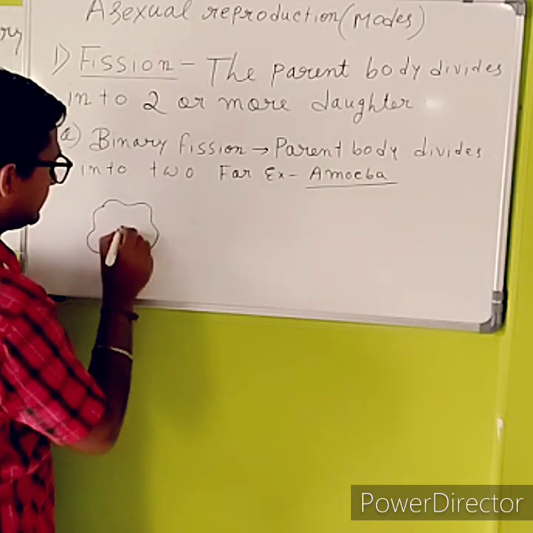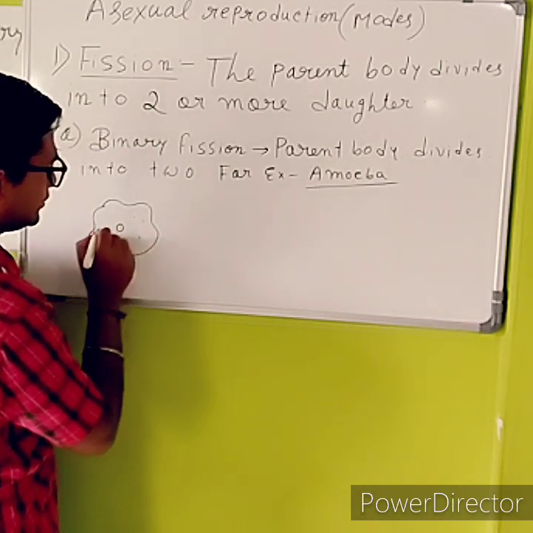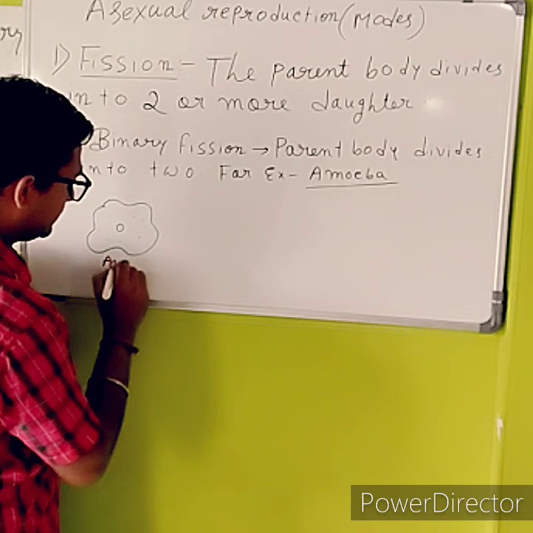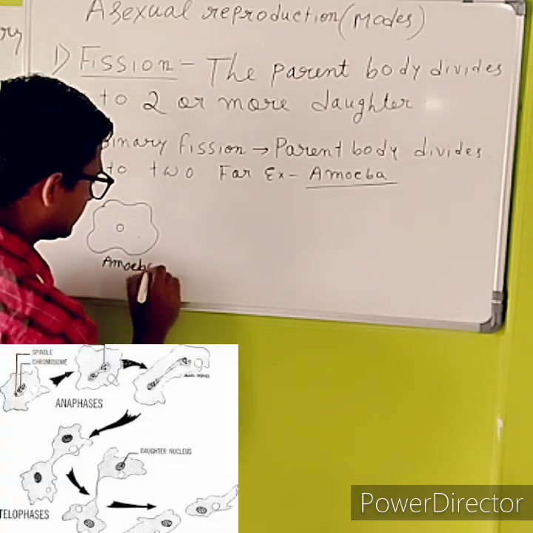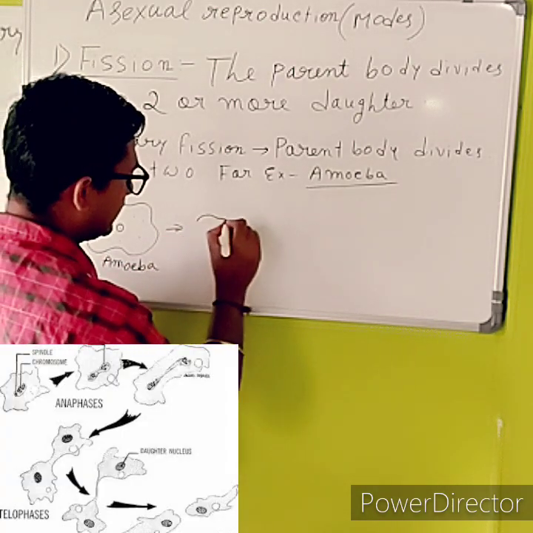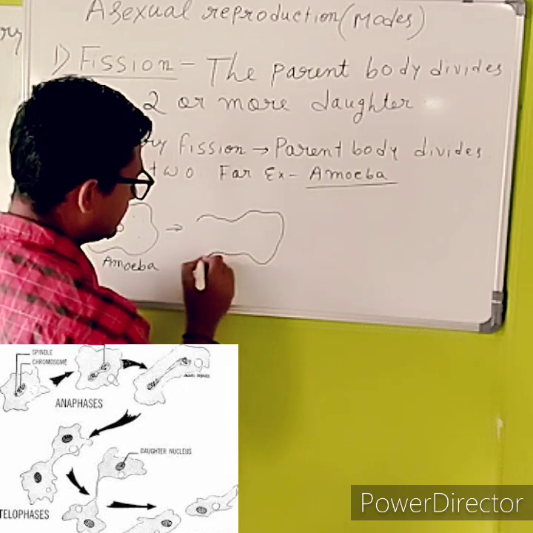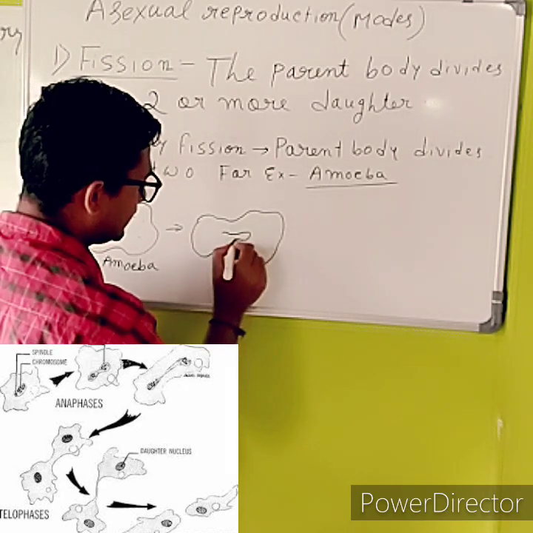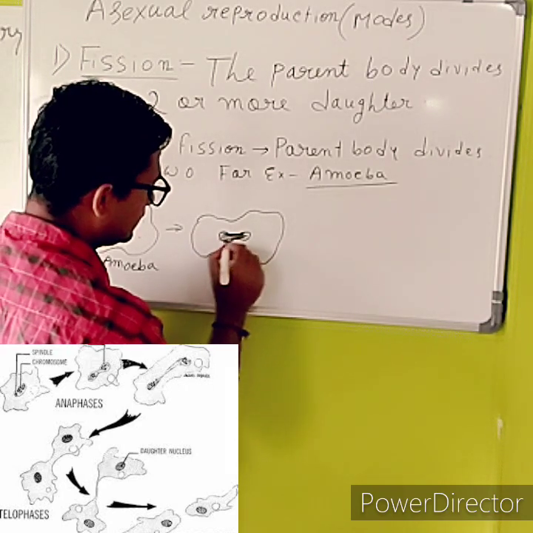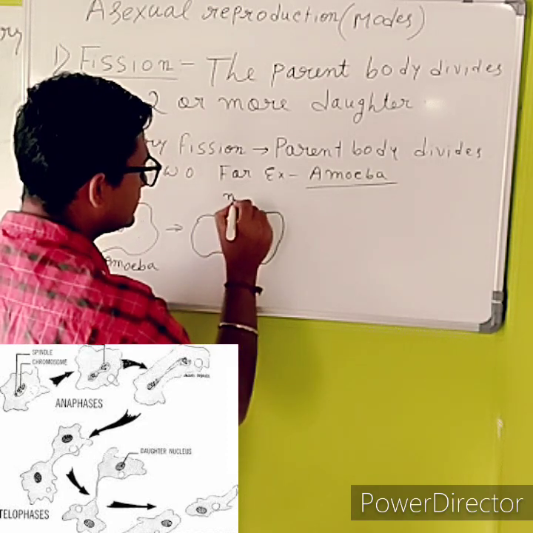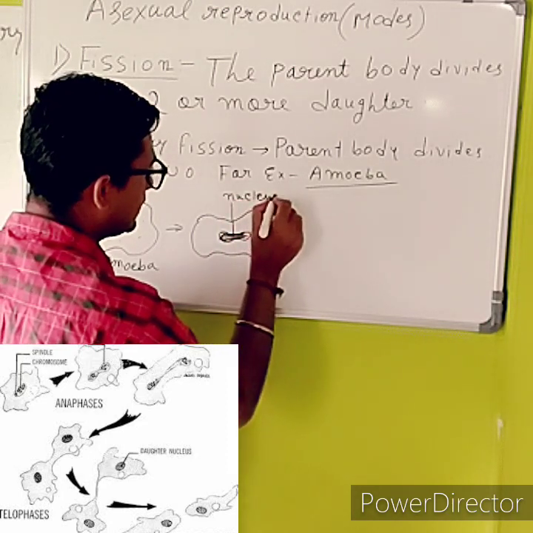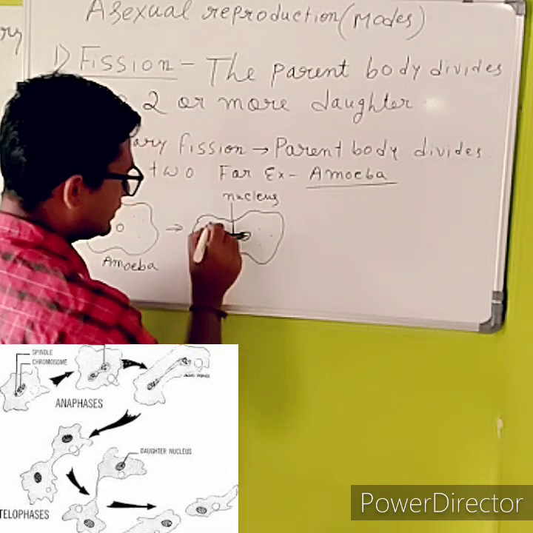This is an amoeba cell, and we know that the amoeba is a single-celled organism. During binary fission, the nucleus of the amoeba becomes dumbbell shaped, and a constriction appears in the middle of the cell.